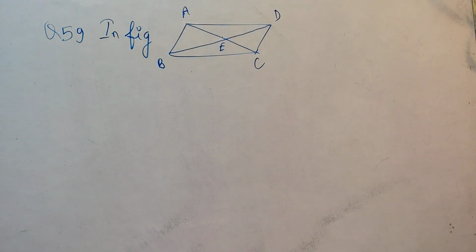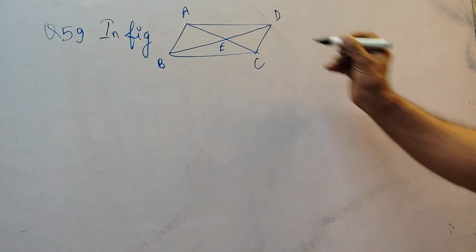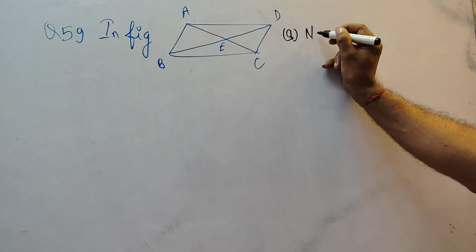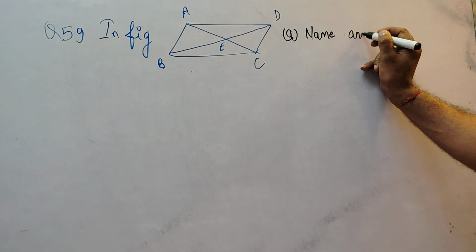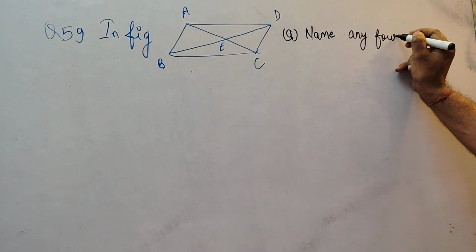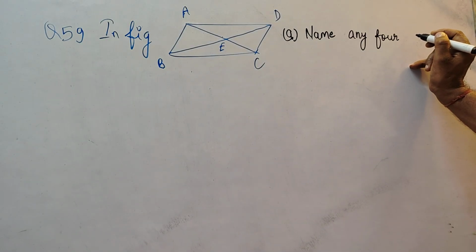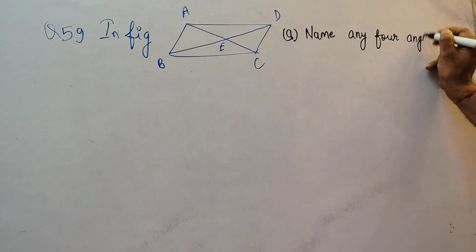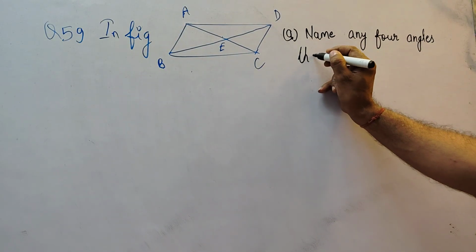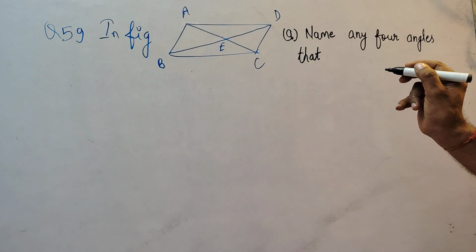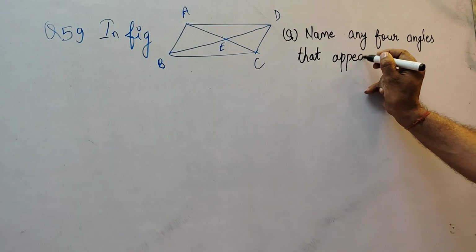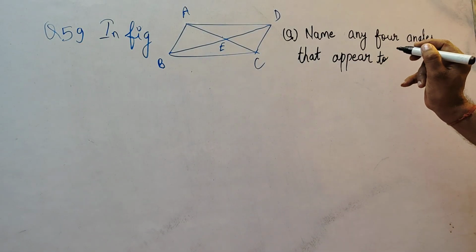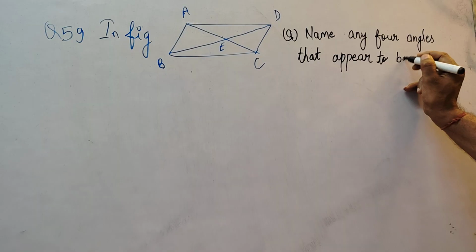Both diagonals intersect at E. So the first part is: name any four angles that appear to be acute angles.